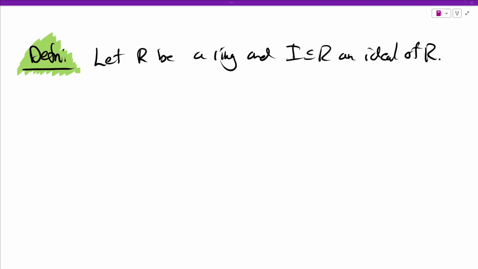The first definition we are going to learn is we are going to revisit the notion of congruence, but not for integers, for rings together with a fixed ideal.